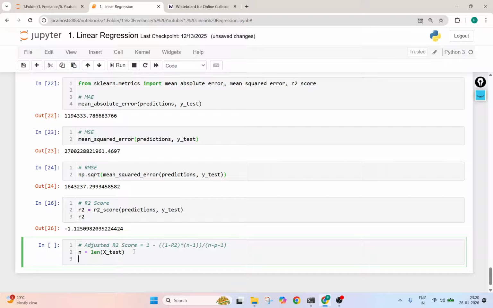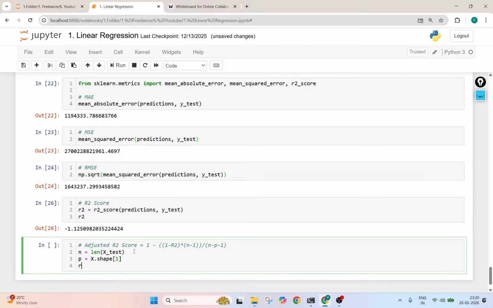This is our n. What is our p? p is the number of columns. So what we can do is shape of 1, right? So x dot. Why am I taking x and not x test? Because x test doesn't have a shape because it's a numpy array. And both x and x test will have the same number of columns, right? So x shape of 1.